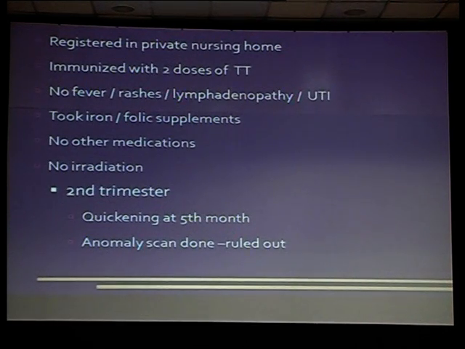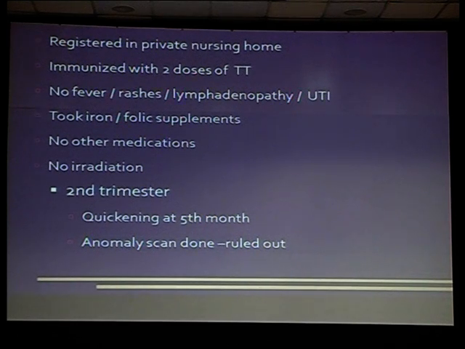She was registered in a private nursing home and she had been immunized with 2 doses of TT. In the first trimester, she didn't have any fever with rashes, no lymphadenopathy or urinary tract infection. She had taken iron and folic acid supplements regularly, and she was not on any other medications, and no history of exposure to excessive irradiation.